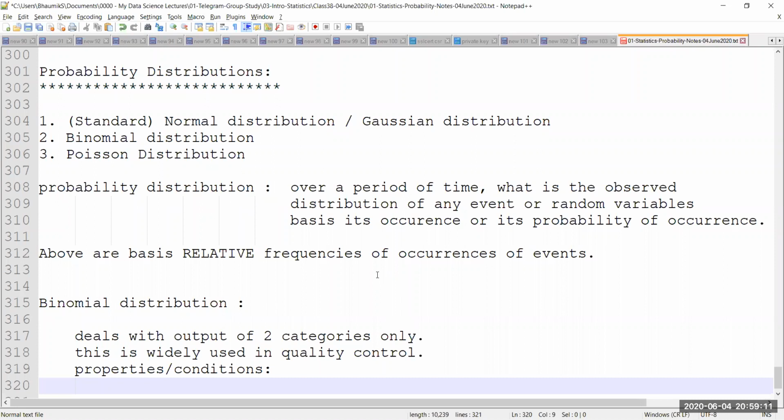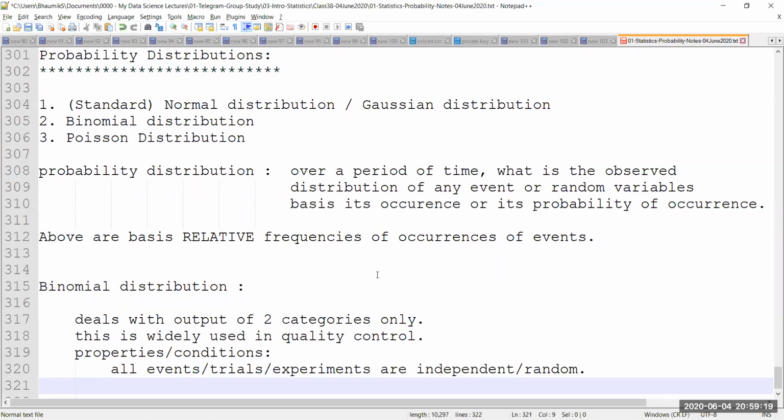We have already seen what independent events are. All events or trials or experiments are entirely independent of each other and random. I have no pattern. For example, if I'm getting a wrong product in the manufacturing chain, it has nothing to do with getting a right product, because these two events occurring are independent of each other.